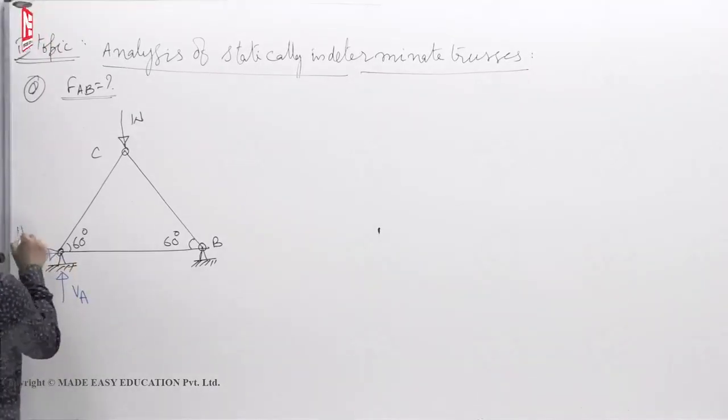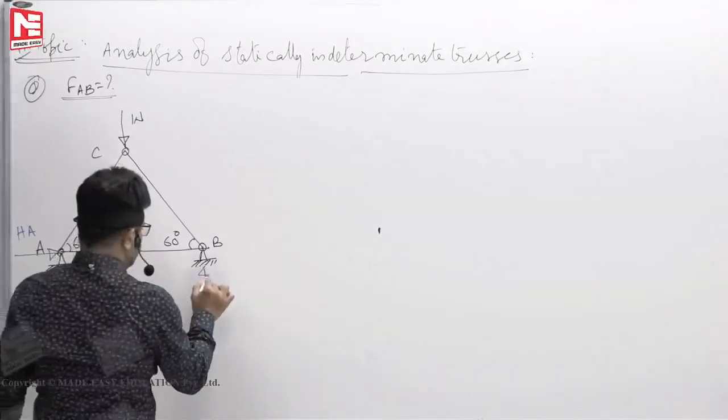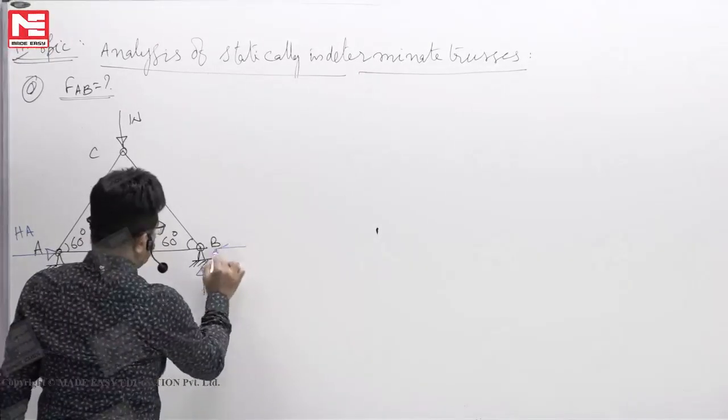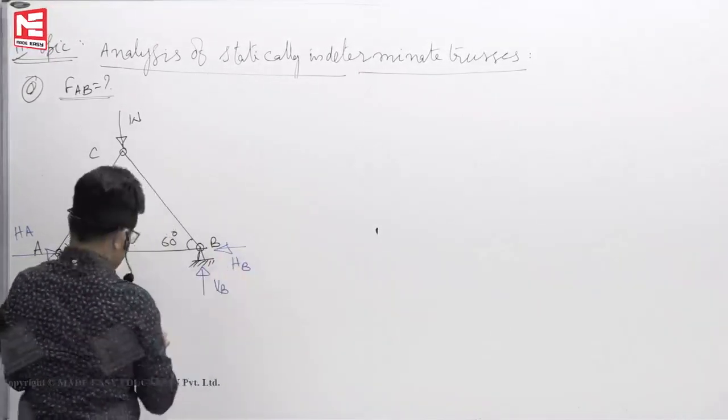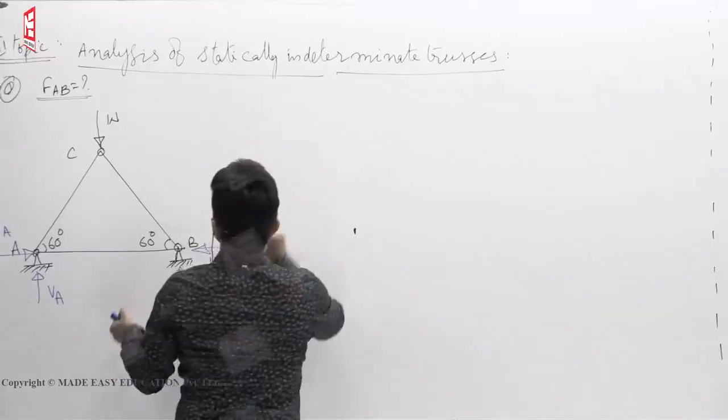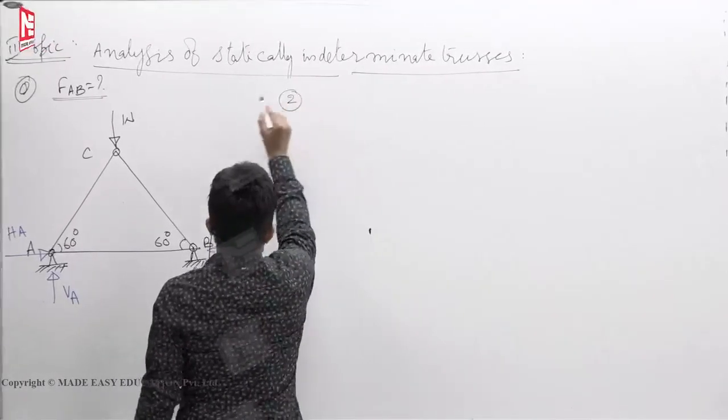The reactions here are two reactions VA, HA, VB, HB. So now we will see the second point, note 2.